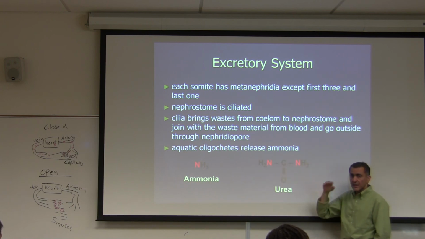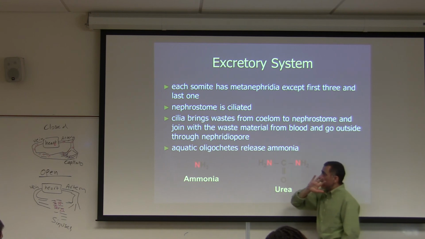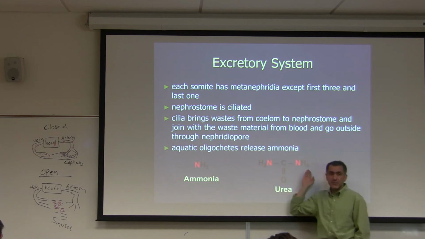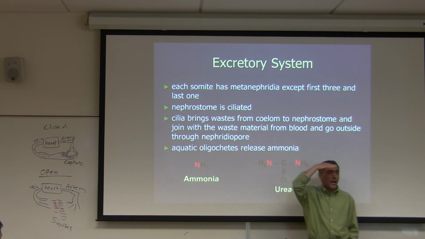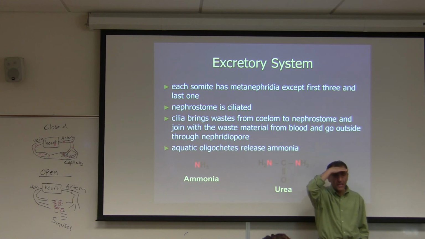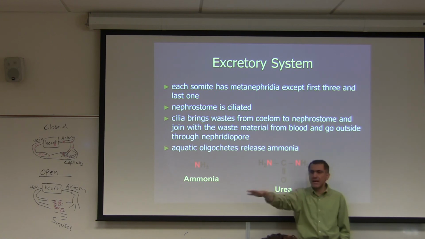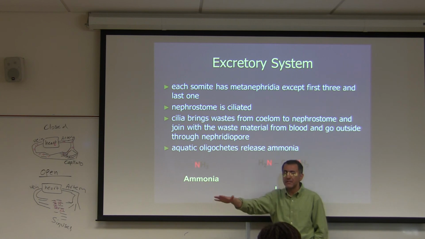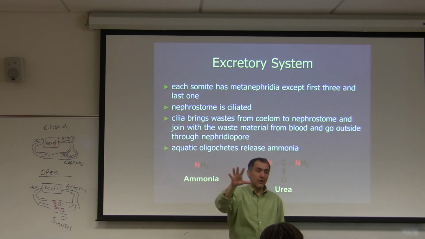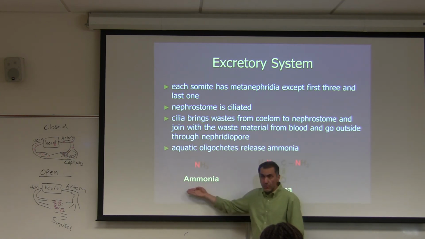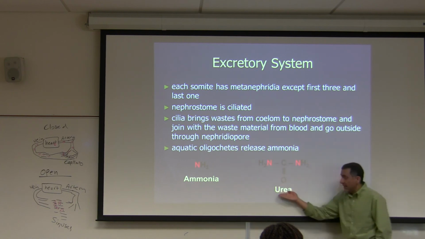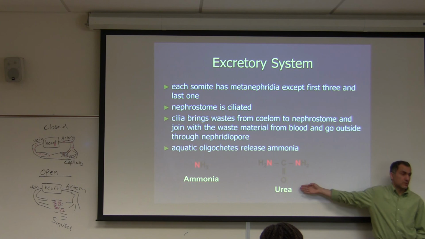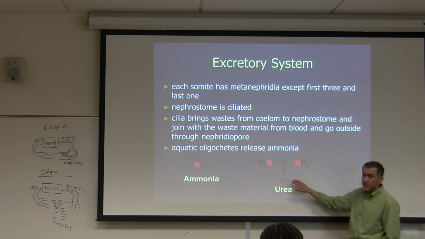You probably learned that in your chemistry classes, but not only do you have to know the difference between the structures, I also expect you to know the aquatic animals in general, vertebrates and invertebrates. Any animal that is aquatic releases ammonia as the waste product, and terrestrial animals on land release urea, and this is the difference.